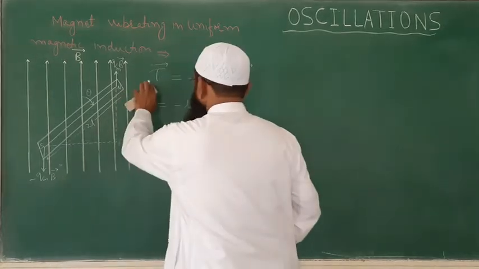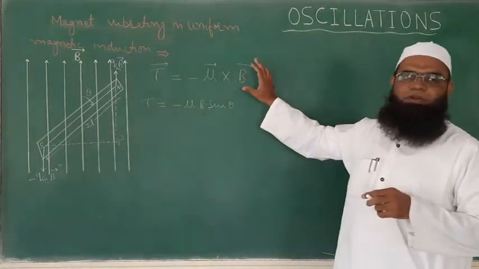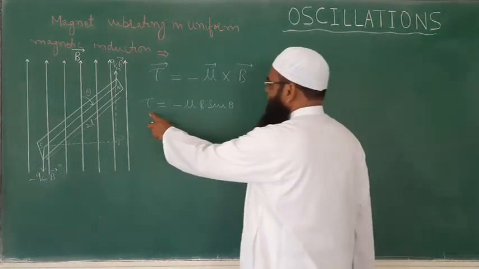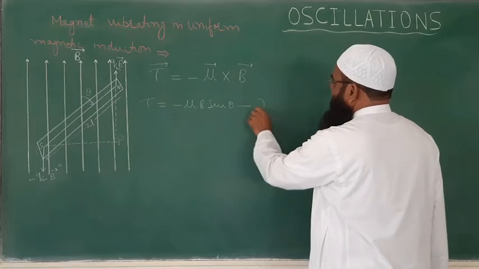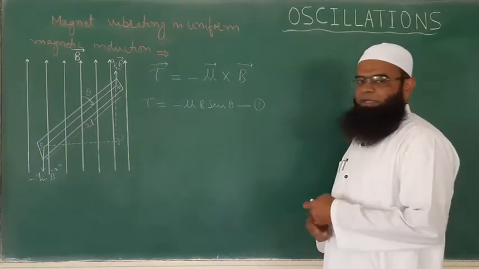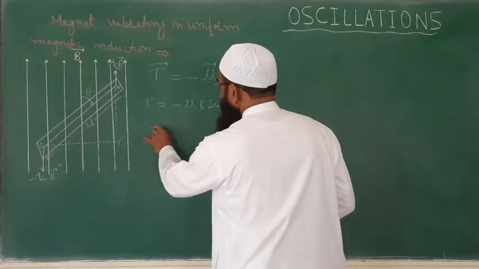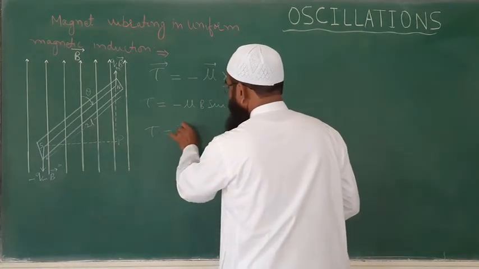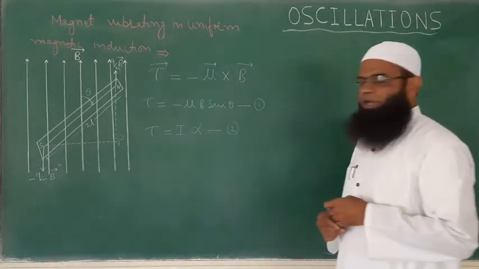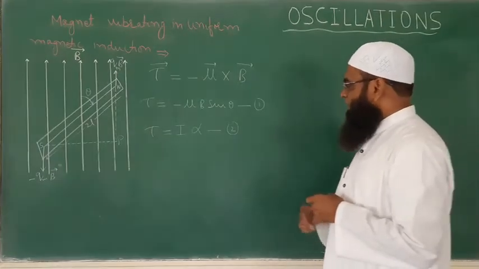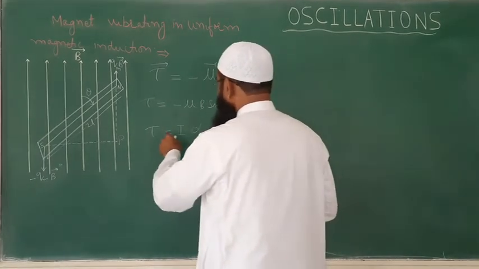It is the vector product of two vectors. So torque is equal to minus mu B sin theta. Equation number 1. As we have seen in angular SHM, the relation between torque and moment of inertia: torque is equal to I alpha, equation 2.